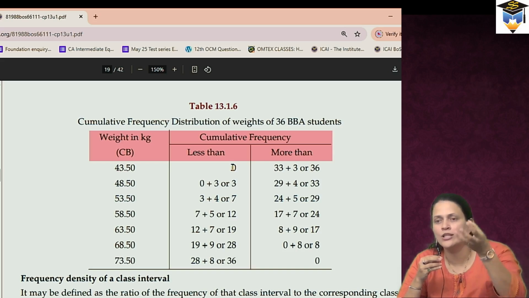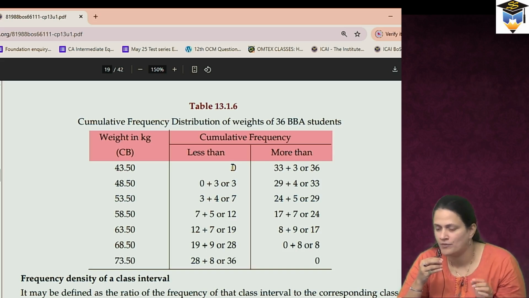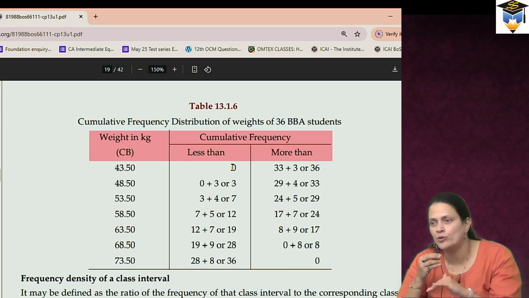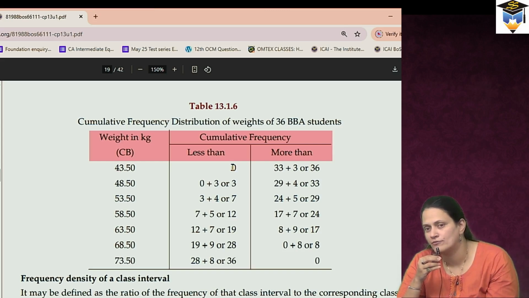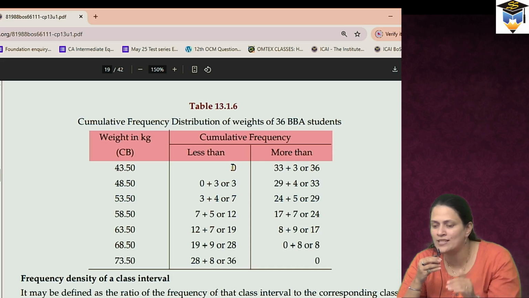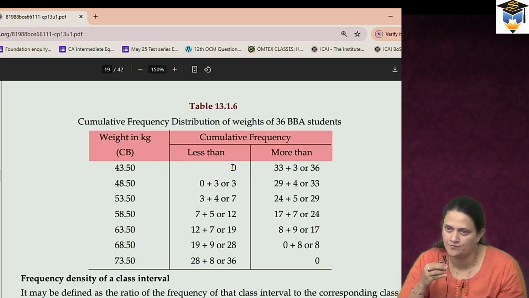So what is 0 plus 3? 3. Now, to 3, again I am going to add the next value, 4. So 3 plus 4 is going to give me 7. Again after 7, 7 plus 5, 5 was given to you. 7 plus 5 is 12. 12 plus 7 is 19. 19 plus 9 is 28. 28 plus 8 is 36.